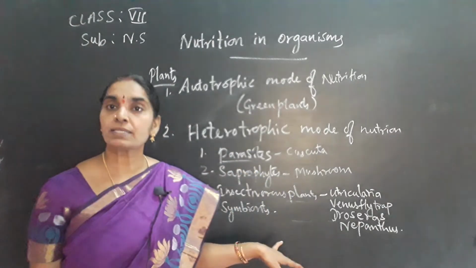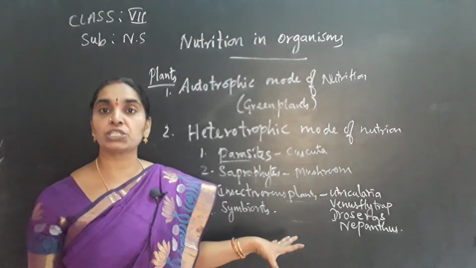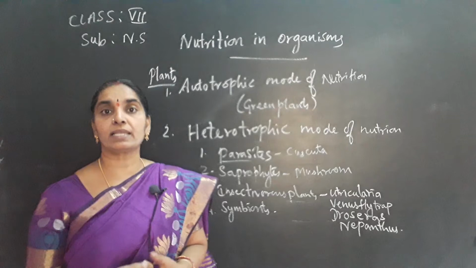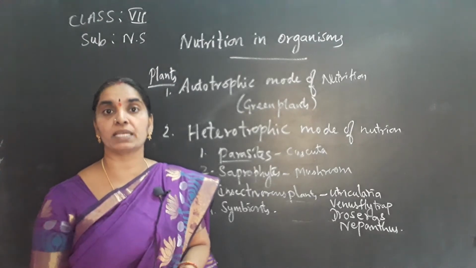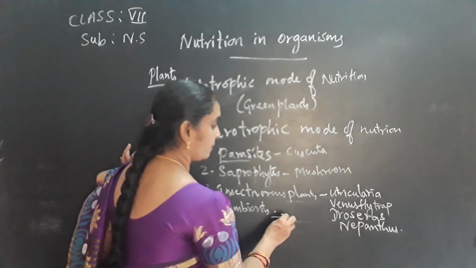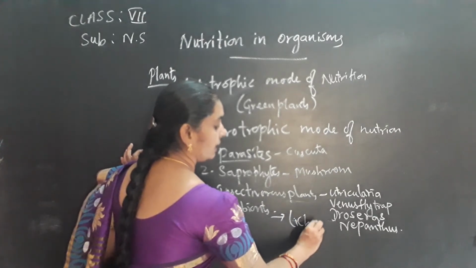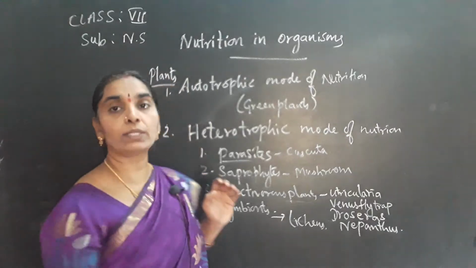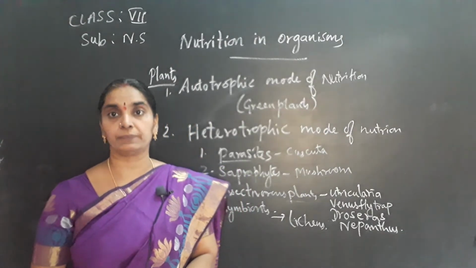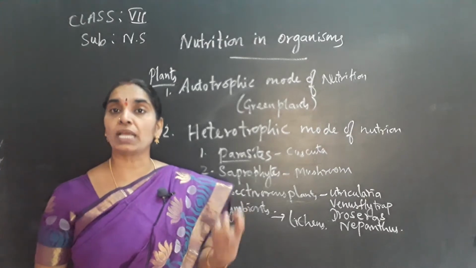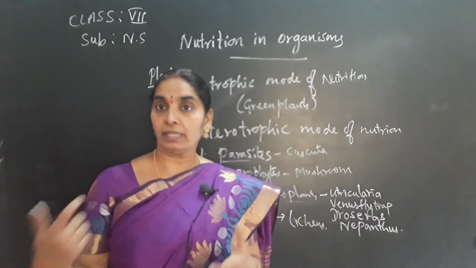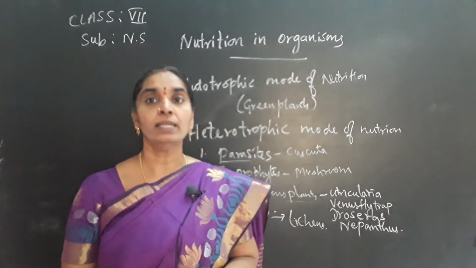Next, coming to the symbionts. The symbiotic relationship is a mutual relationship for food and shelter. It is a relationship between two organisms for food and shelter. You can see the examples of lichens, and also nitrogen fixing bacteria present in some leguminous plants. They take shelter from the leguminous plants and give nitrogen to these plants.